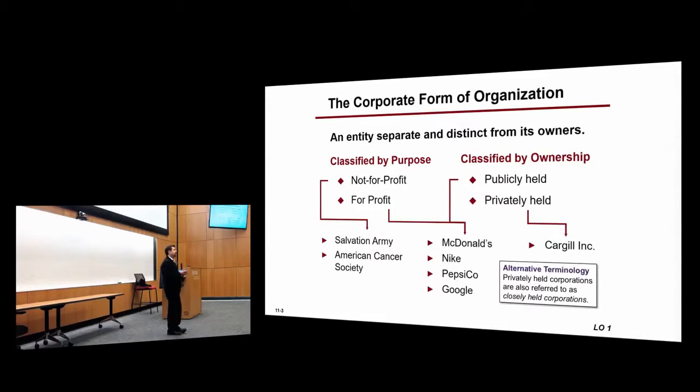So for example, Facebook, until a few years ago, when they had their first IPO, what happened? It was a privately held company. They didn't have a stock actively traded in the stock market. There are a lot of firms, like certain accounting firms, that are privately held. And privately held doesn't mean that it's a small company.